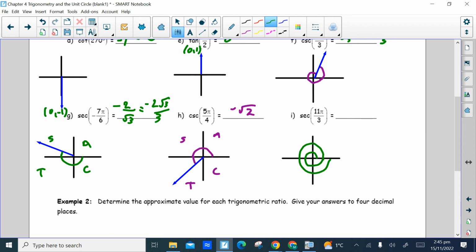Yep, which would take us to... Do it in your head. 6 plus 6, carry the 7, 12 pi over 3. Yeah. Do we have to go any more? No. That's right. So we're going to back up 1 pi on 3.